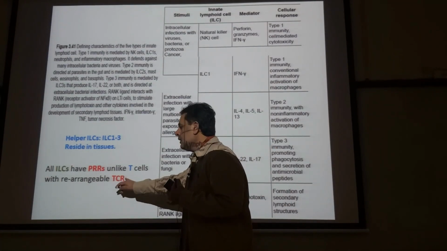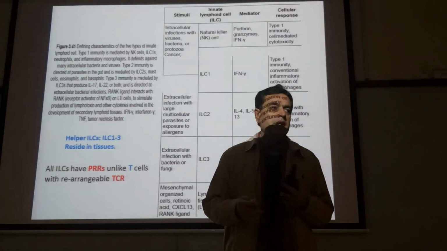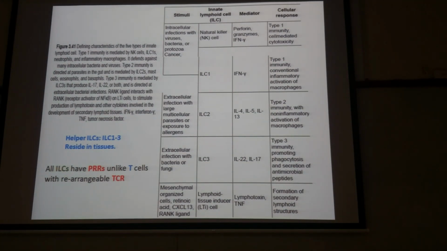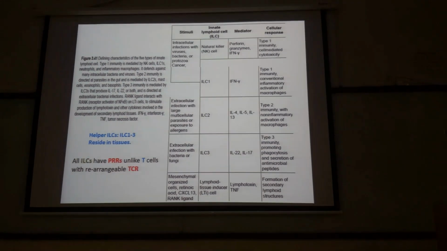And you know that the T cell receptor and B cell receptors are rearrangeable receptors. These cells can rearrange their receptors or do genetic rearrangement in order to create a large diversity of these receptors expressed on their surfaces.